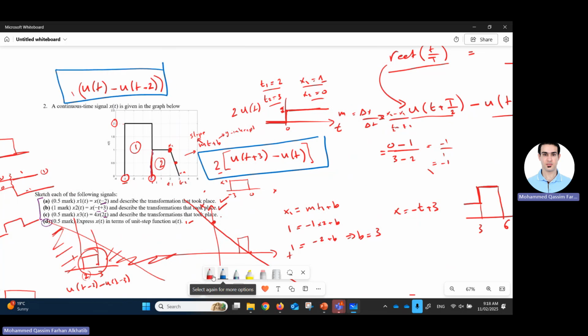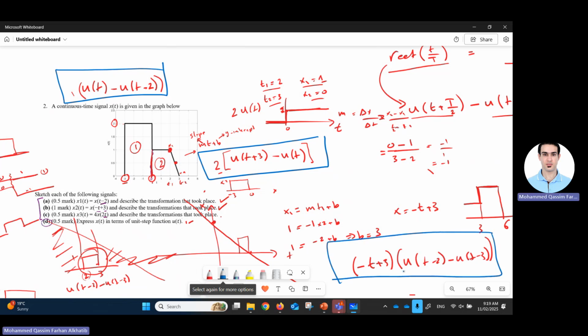And the third one, I have the expression -t plus 3 times u of t minus 2 minus u of t minus 3. So just combine all three expressions together and solve the algebra. Like, u of t minus 2 is common between here and there, distribute this one.